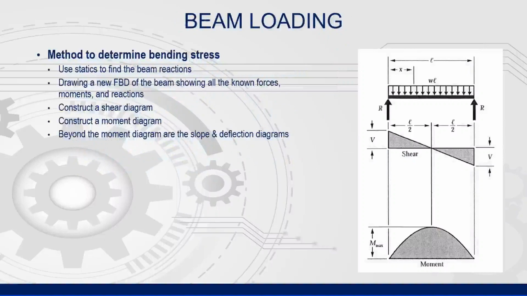In most cases of loaded beams, bending stress contributes the most to the overall stress. Since the maximum moment drives the bending stress, it is critical to be able to determine the maximum moment on the beam.